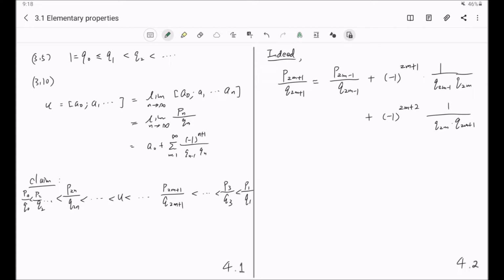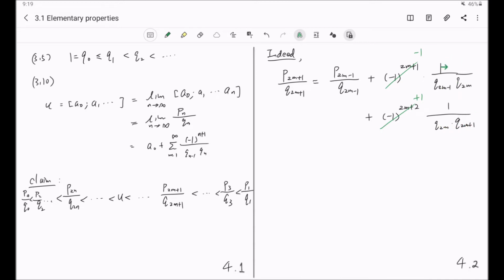Okay, now comparing this guy with this guy, do you see which one is bigger? So now let's check this. This is negative 1. This is positive 1. But noticing that this Q sub n is ascending, is increasing, this denominator is smaller than this denominator.